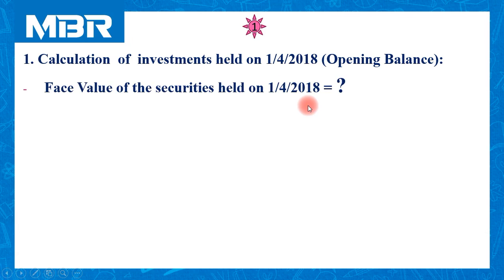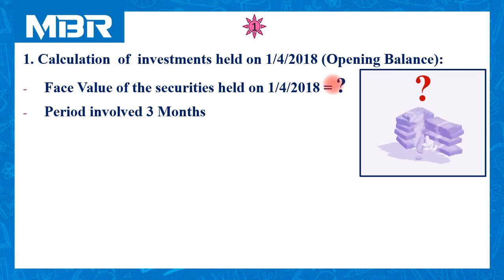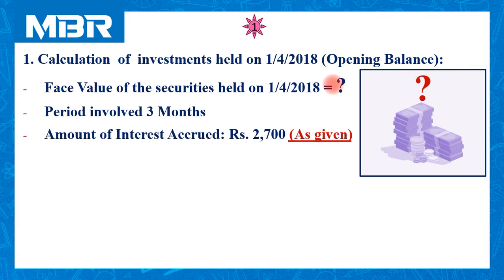The face value of the securities held on 1st April 2018, that is on the very first day of the year, is not given. And without information of the opening balance, it is very difficult to prepare the sequence of the transactions. So before arrangement of the sequence, it is necessary for us to calculate it. And for this, we have already computed earlier that there is accrued interest for a period of 3 months.